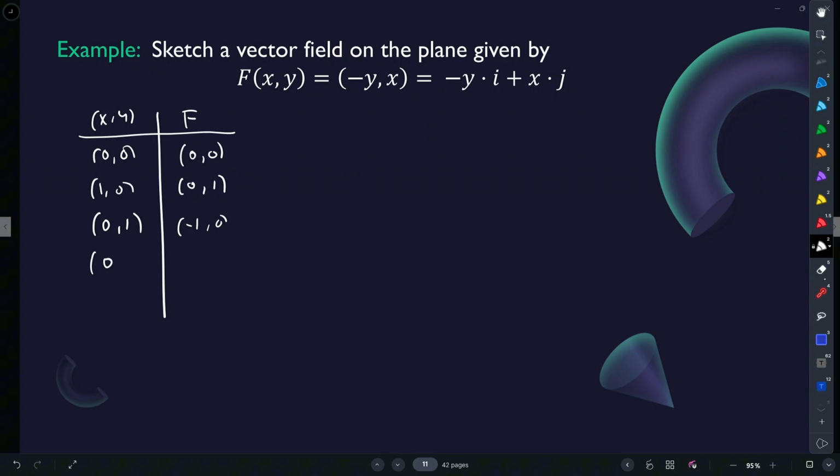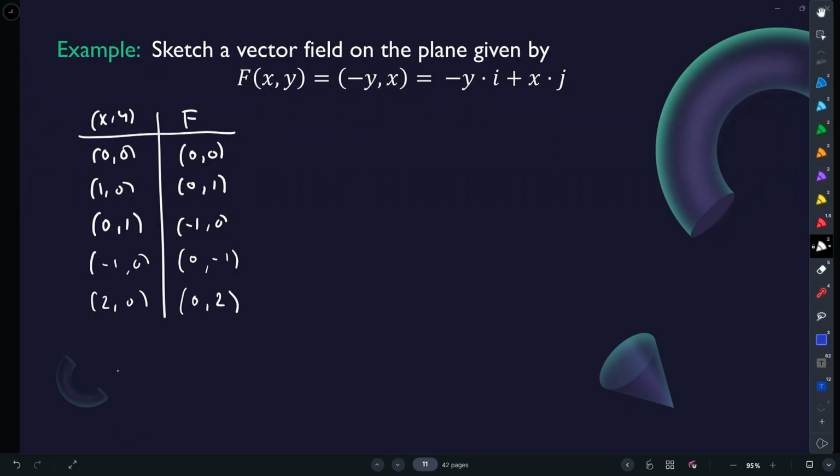At minus 1, comma 0, where do I go? Minus 1, comma 0 will be 0, minus 1, and so on. If I do 2, comma 0, I go to 0, 2.